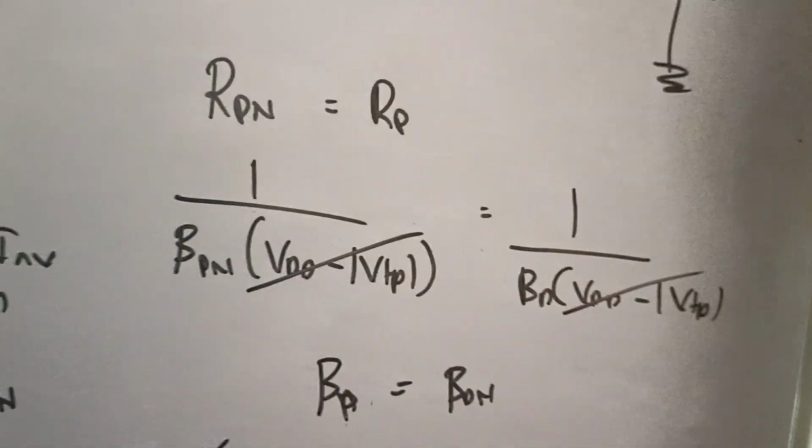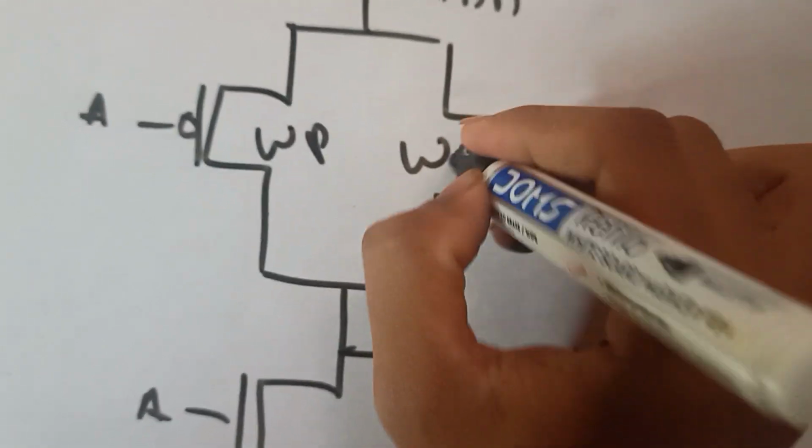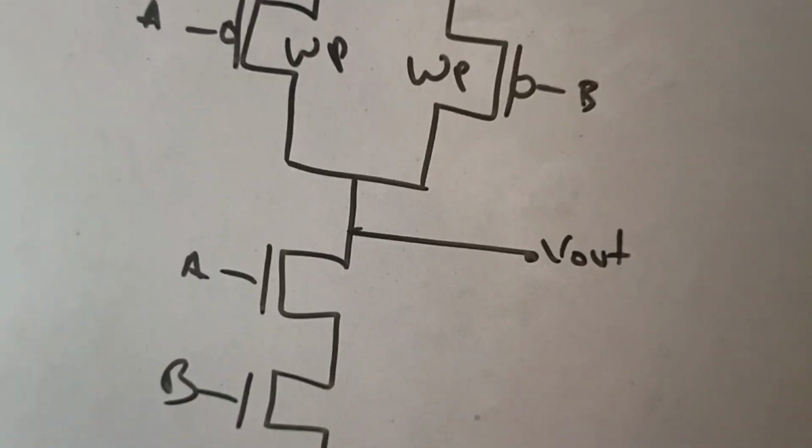Whatever the width of the normal inverter is can be considered for the NAND gate also, WP and WP.